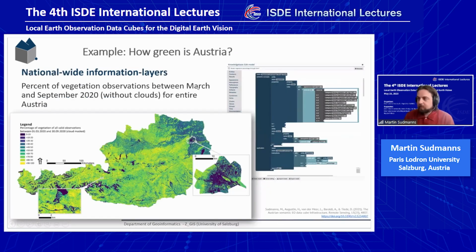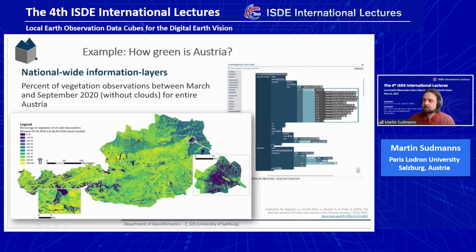As an example, as Greg showed very nicely, of very high interest is the vegetation status: how green is Austria. We can create this type of information layer here, and you see the brighter the color, the greener, or the more often vegetation was observed.